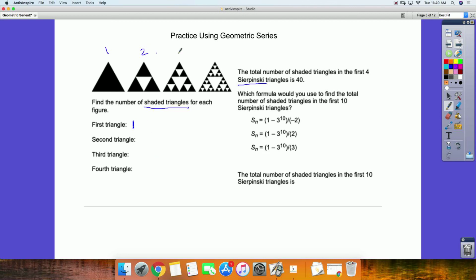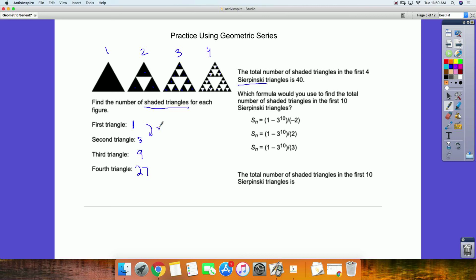Our second triangle has 3. Our third triangle has 1, 2, 3, 4, 5, 6, 7, 8, 9. And our last one, I can see there's 9 groups of 3, which makes 27. So hopefully you've noticed, what's the common ratio here?